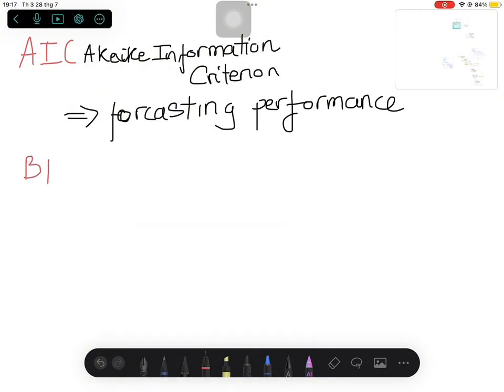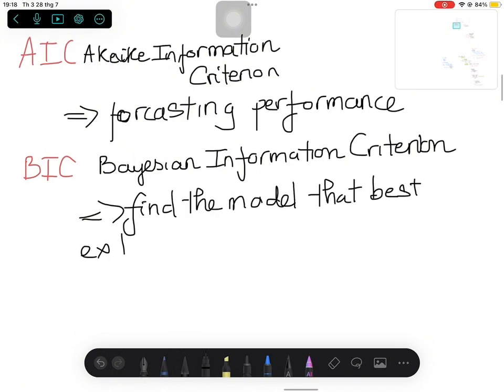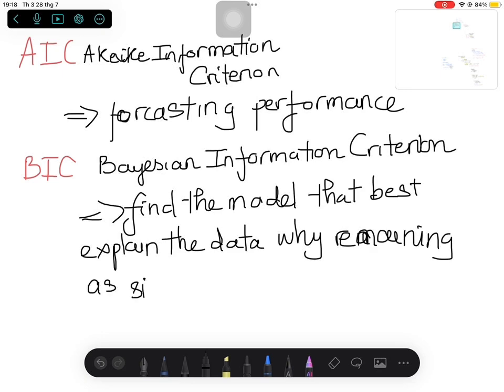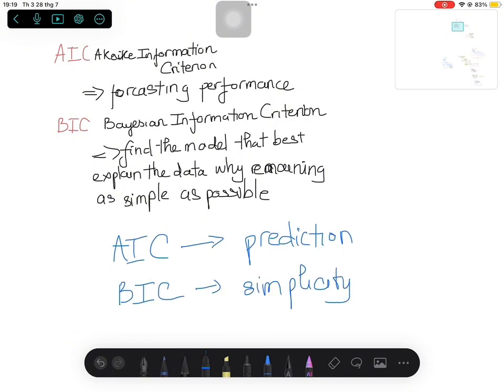BIC, the Bayesian information criterion, places a stronger penalty on unnecessary variables. Its goal is finding the model that best explains the data while remaining as simple as possible. So a useful way to remember this is: AIC for prediction, BIC for simplicity.